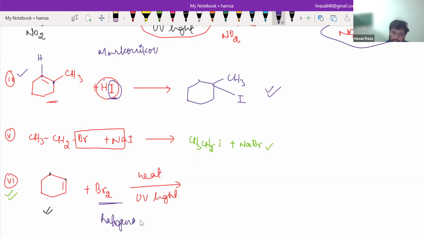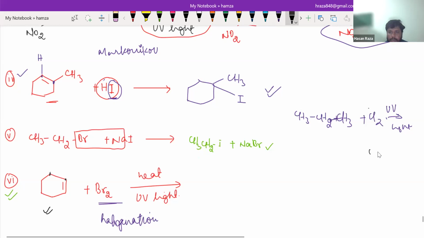In halogenation, whenever this is Br2 in the presence of UV light, we just break the single bonds of carbon, not double bonds. See, like this: CH3, CH2, CH3, reacting with Cl2 in the presence of UV light. What happens here?